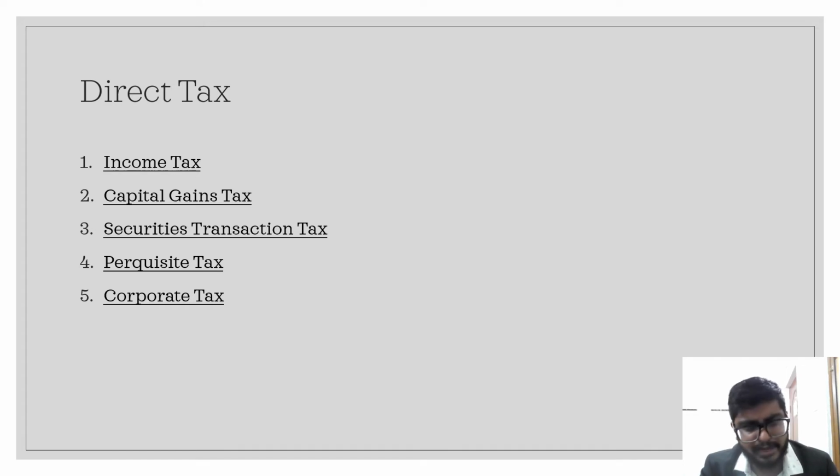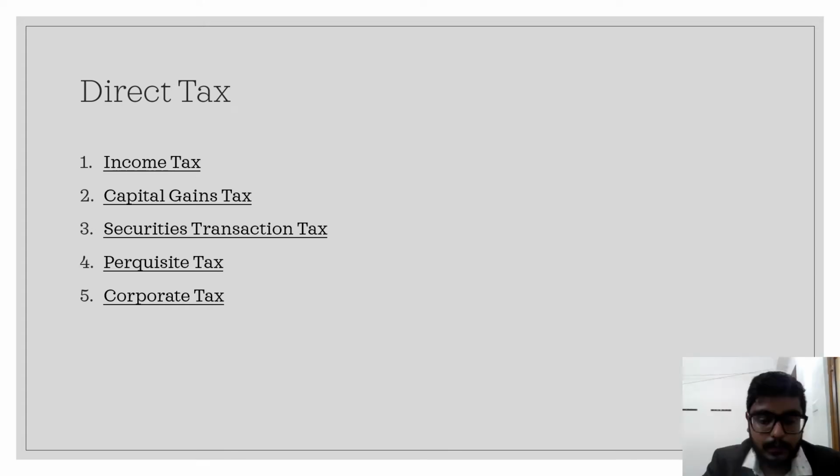Next, let's go into perquisite tax. A perquisite tax is levied upon the various benefits that an employee gets when working at a company.